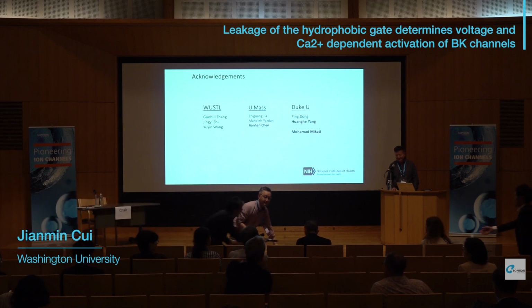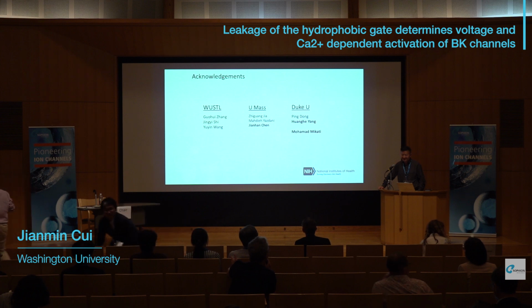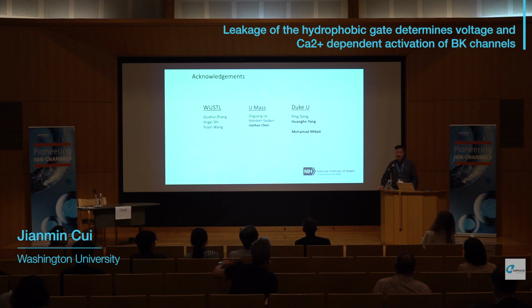I'm sure you must have said it and I missed it, but where is this mutation? The mutation that you showed in the beginning that remained leaky at very low. Where is it? The mutation is in the very end of the tail in that cytosolic domain.